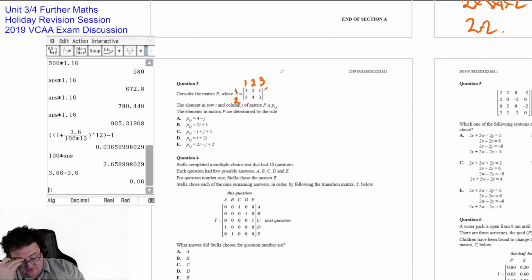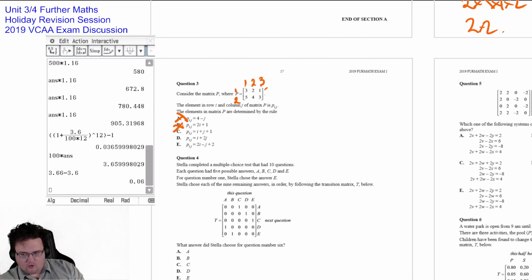So in this case, we need to just start trying them. It can't be A because A only uses J as a piece of information. It also therefore can't be B. So A and B are out straight away. We need to use both I and J in our equation to generate those numbers. I plus J plus 1 equals the value of that there.